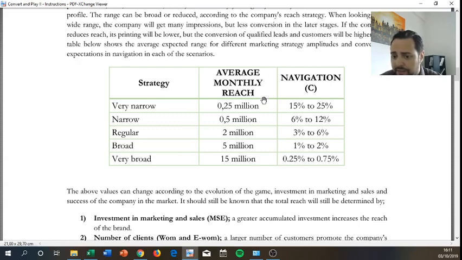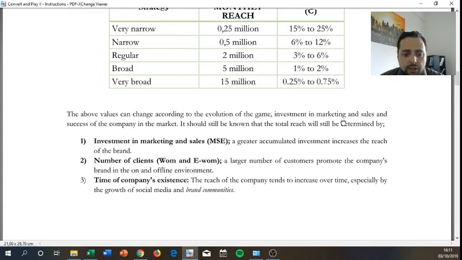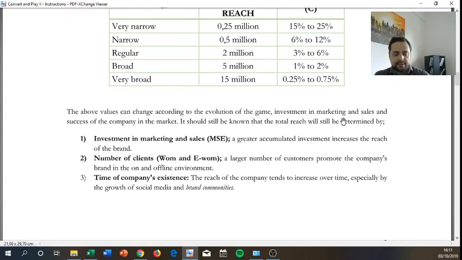It depends on many factors, and you're going to see that later. But if you choose a broader strategy, the conversion to navigation will be much smaller, and if you look for a narrower strategy, you will convert much more.